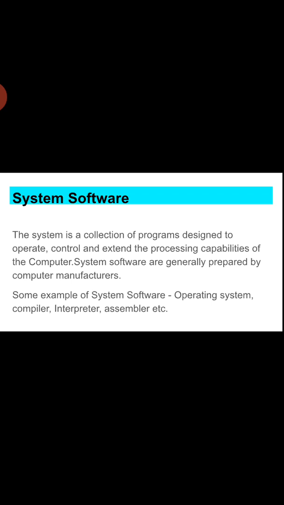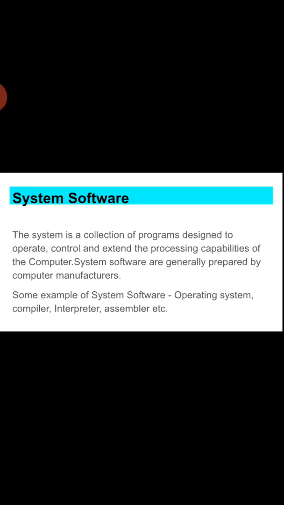It means these are pre-written programs prepared by the company who made the computers. Some examples of system software are operating system, compiler, interpreter, assembler, etc.